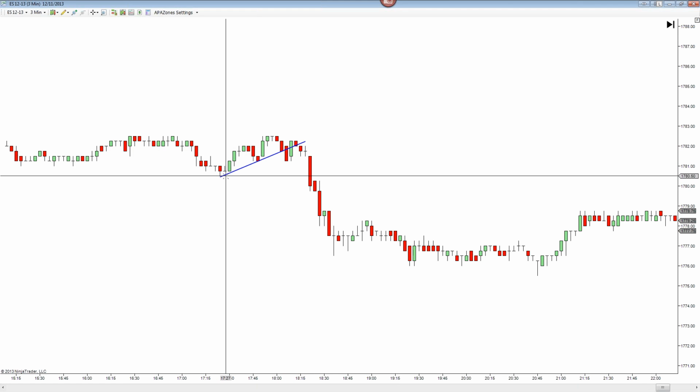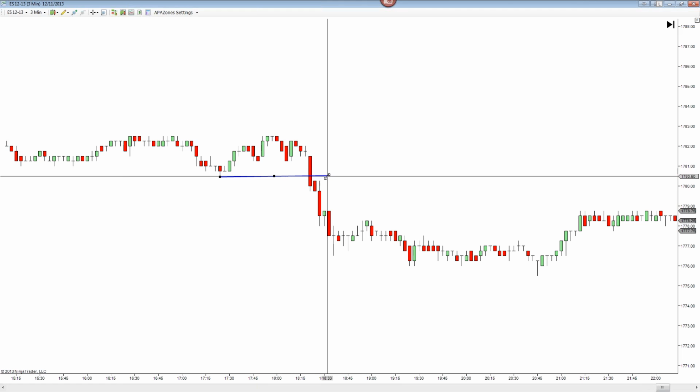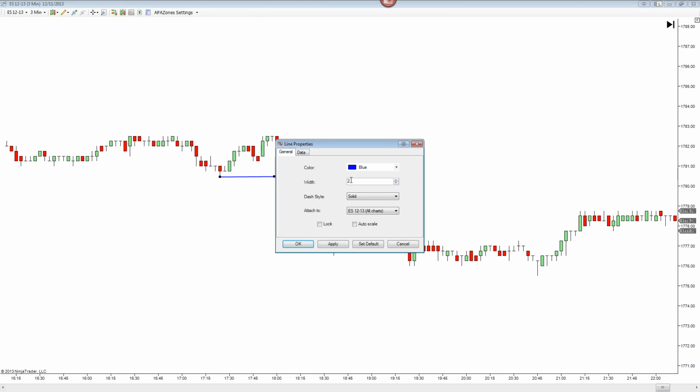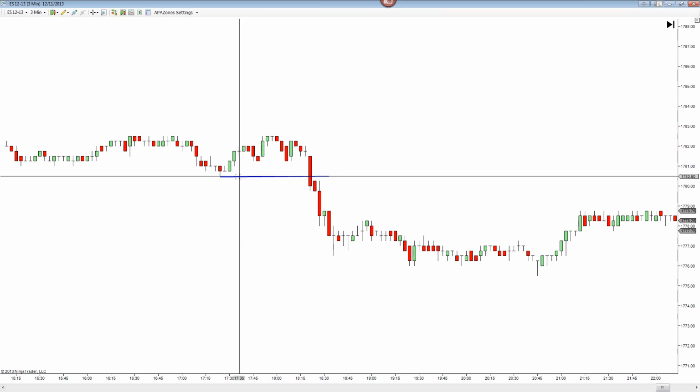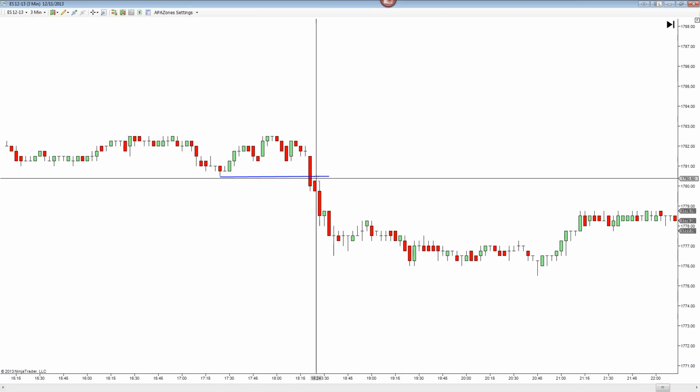But we really want to make sure that our first target is that low that we're looking to break, because I always like to pay for my trade with my first target. So even if this thing doesn't break at this time, you've still paid for your trade, and life is good, and you can get rid of all that mental stuff of managing the trade and be more objective.